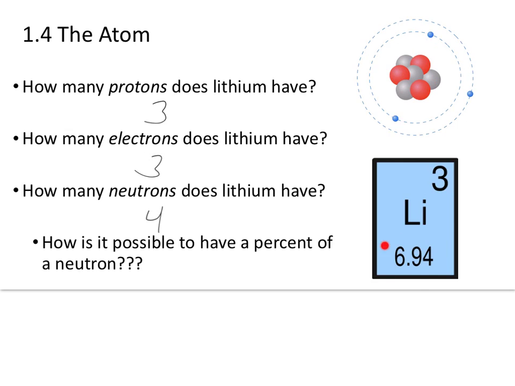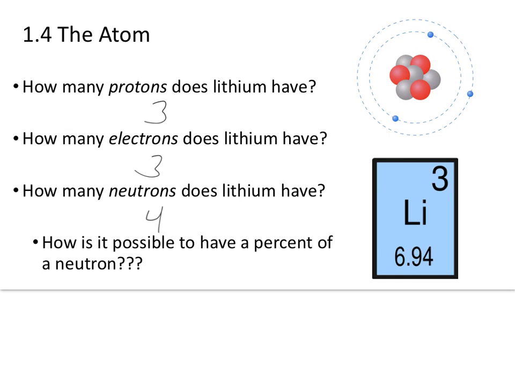Well, what is this number? 6.94. It might make sense if it were 7, because 3 plus 4 is 7. But this number is the total number of particles in the nucleus. Okay, well, wait a second. 1, 2, 3, 4, 5, 6, 7. Why does that not say 7 instead of 6.94?